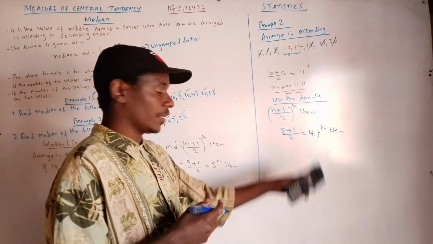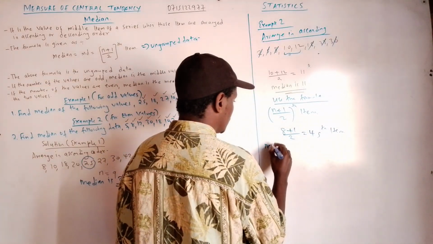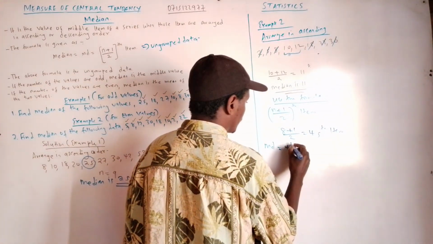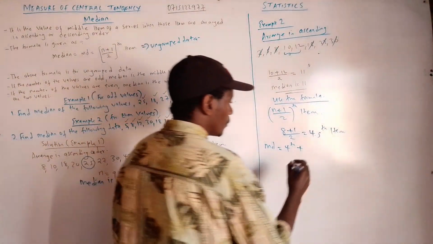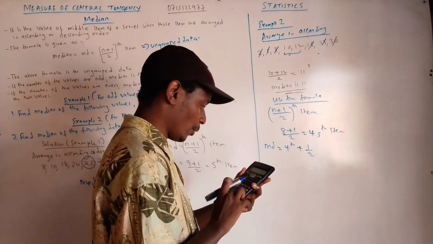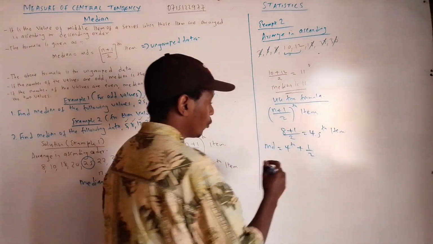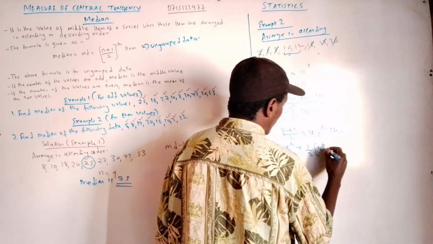Now we shall say our median will be equal to the fourth item plus a half. Remember, 0.5 is a half. A half of what? A half of the fifth minus the fourth.